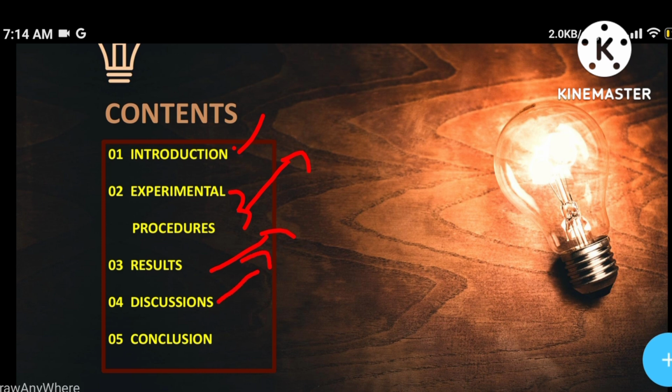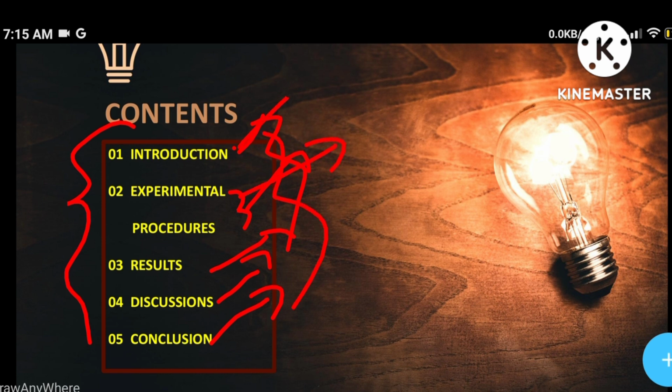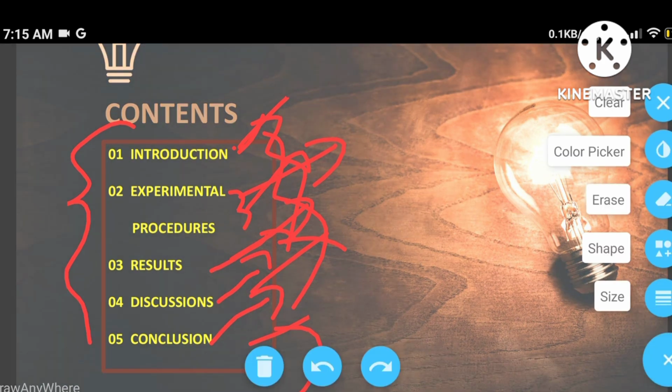Later we move on to the discussions, where we will discuss the results and the procedures, and at last we will discuss the conclusion with some key points about the video. These are all the topics included in the PPT: introduction, experimental procedures, results, discussions, and conclusion. Okay, let us move.